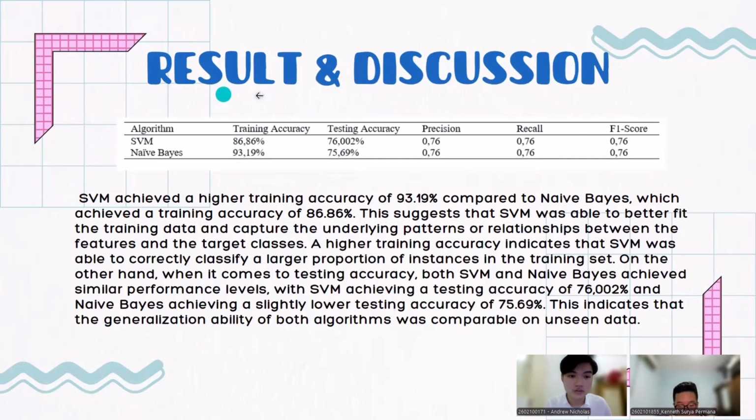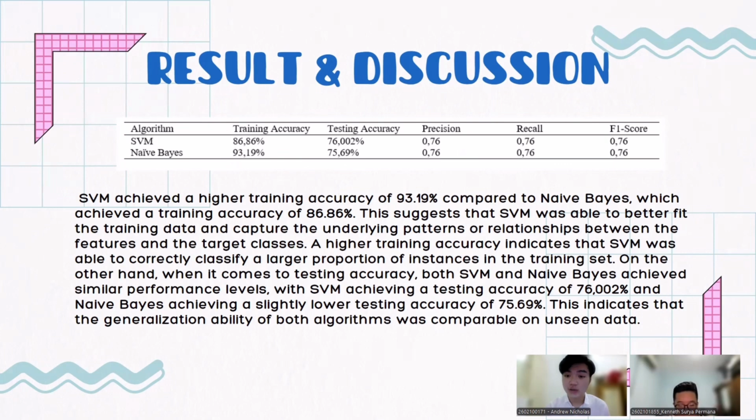This is the result of training accuracy, testing accuracy, precision, recall, and F1 score. SVM achieved a higher training accuracy of 93.90% compared to Naive Bayes, which achieved a training accuracy of 86.86%. This suggests that SVM was able to better fit the training data and capture the underlying patterns or relationships between the features and the target classes.